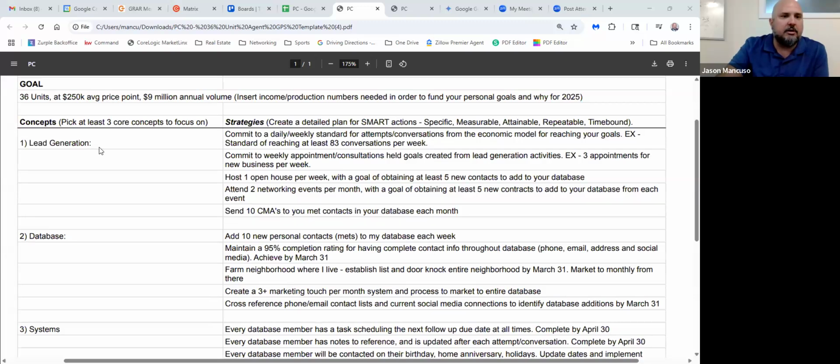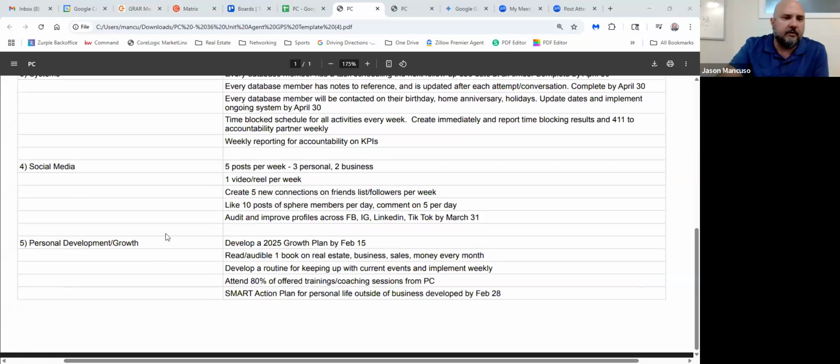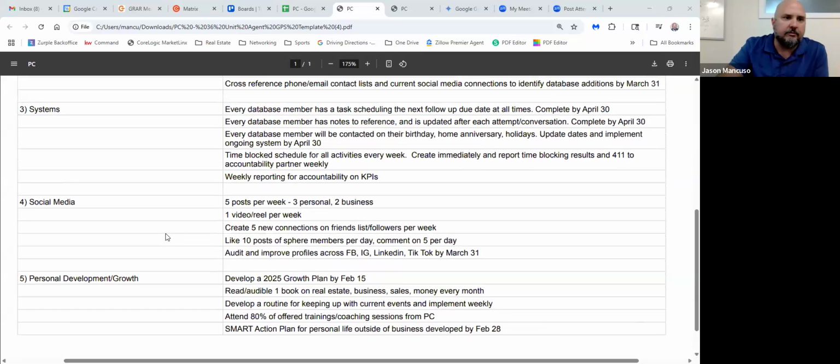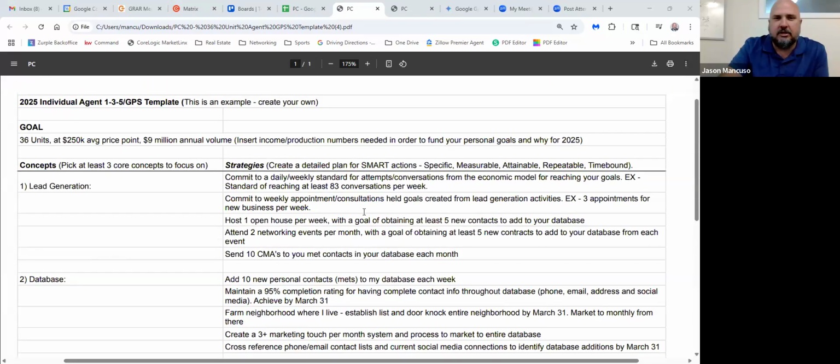We've got lead generation, database, systems, social media, and personal development and growth as categories to focus on. And then the specific strategy: commit to a daily, weekly standard for attempts and conversations from the economic model for reaching your goals. For just training purposes here, an example standard is reaching at least 83 conversations per week.